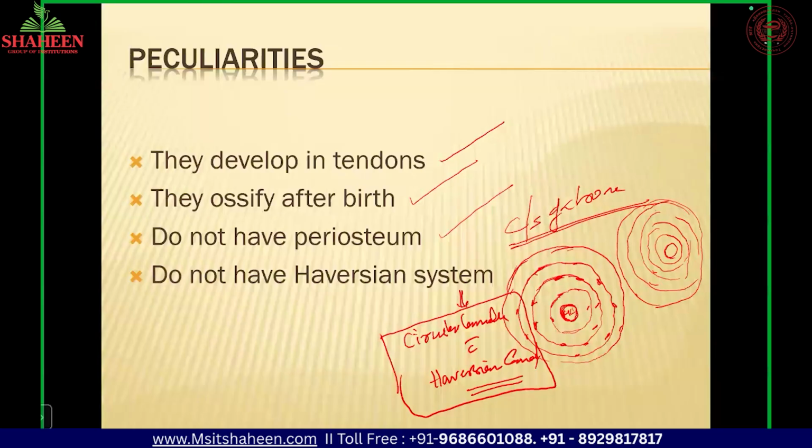No need to know more about this at this stage. Just understand that there is no Haversian system in the sesamoid bone. So these are the peculiarities of a sesamoid bone: they develop in a tendon, they ossify after birth, and they do not have any periosteum or Haversian system.